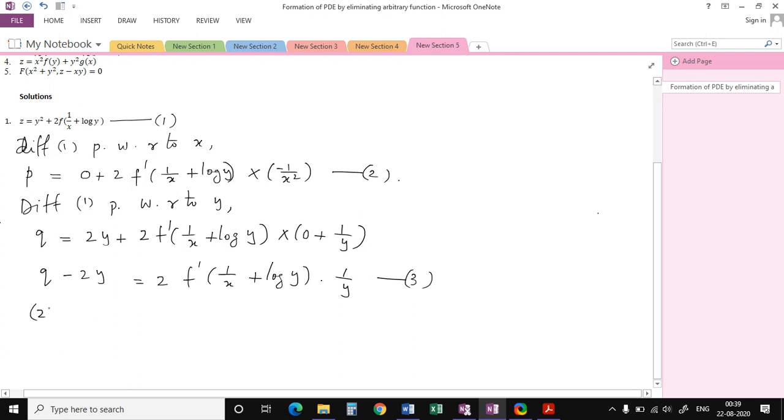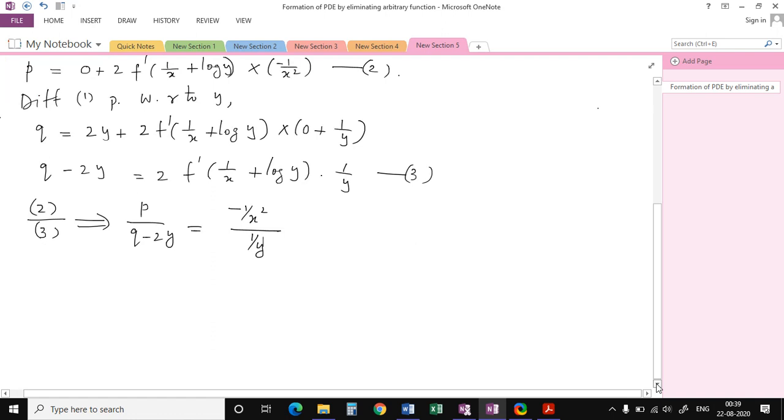So we can write 2 by 3. This implies p by q minus 2y equal to, we can cancel 2 into f dash, so that we can write it as minus 1 by x square by 1 by y. So now only simplification remains. So this is the required partial differential equation. So we can simplify this, that is p into 1 by y equal to minus 1 by x square into q minus 2y.